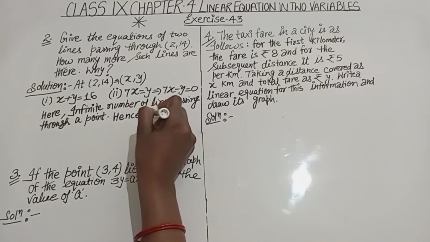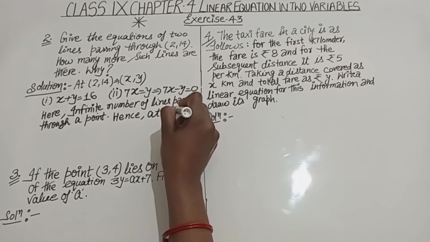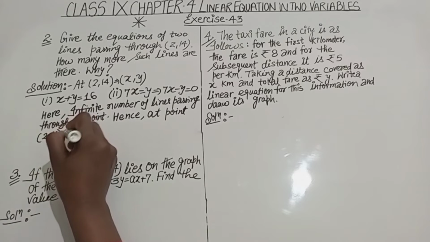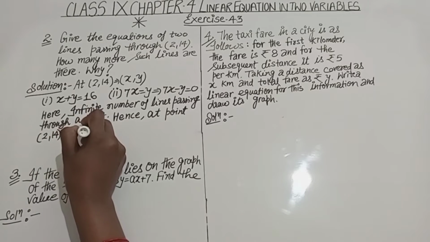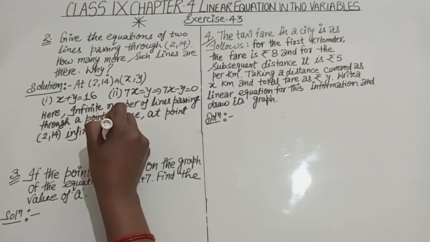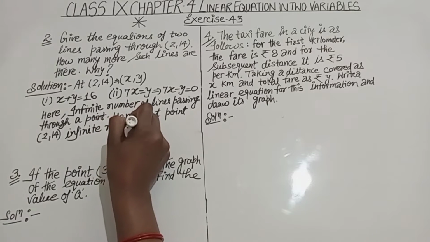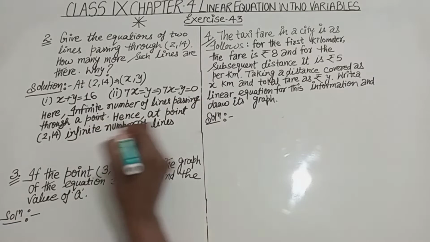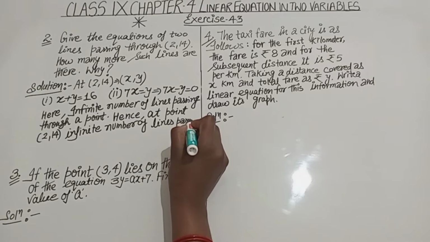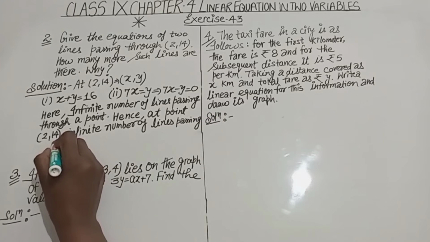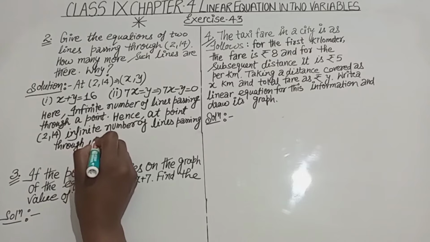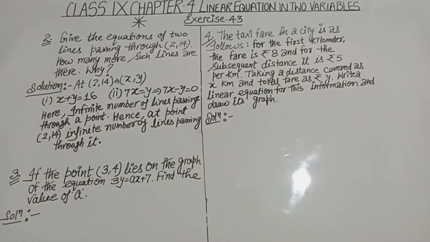Hence at the point (2, 14) an infinite number of lines pass through. Now this is the answer to question number 2.